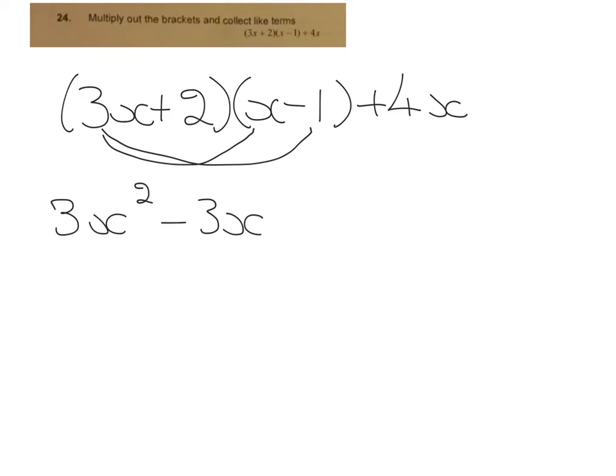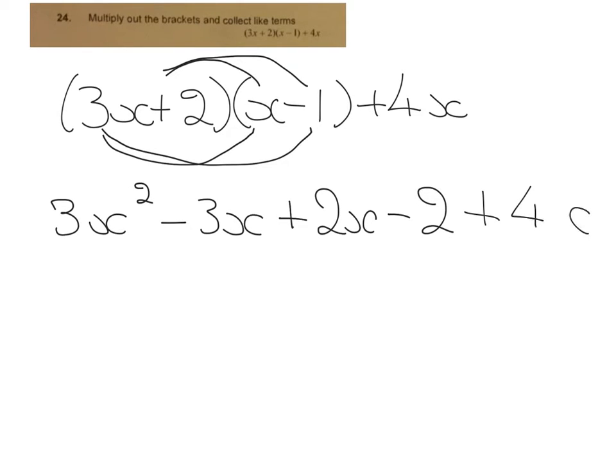Then we're going to do our inners, 2 times x plus 2x. And then our lasts, 2 times negative 1 minus 2. And then we still have this at the end. So plus 4x.